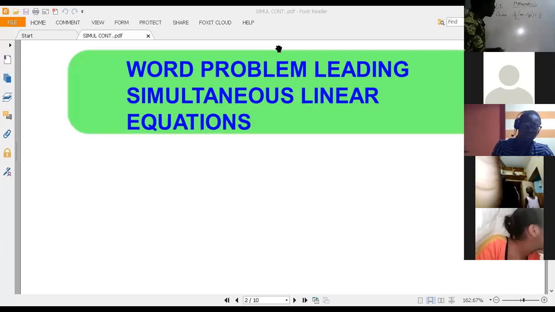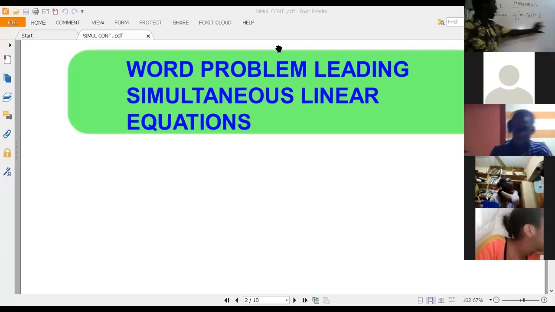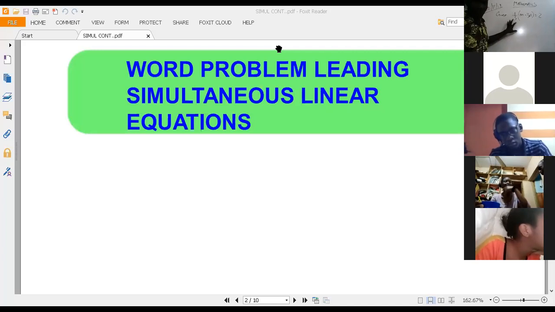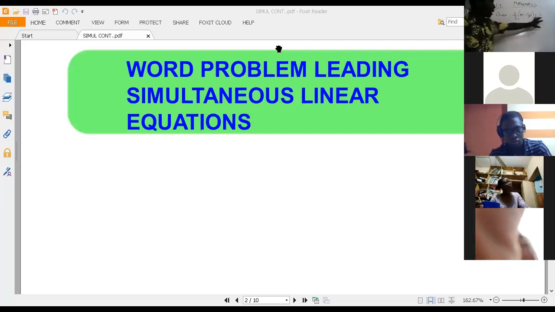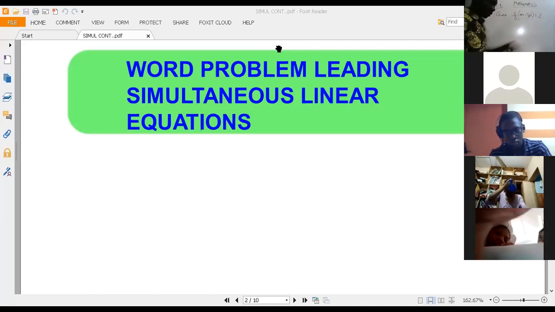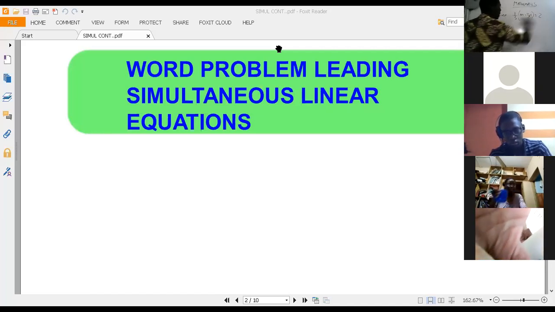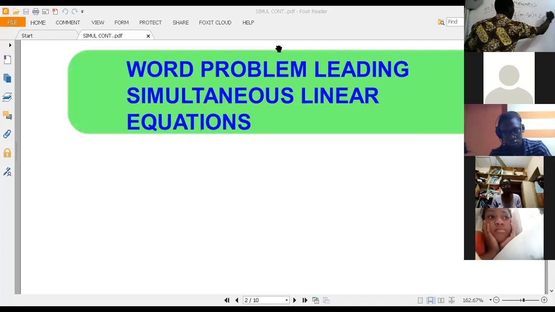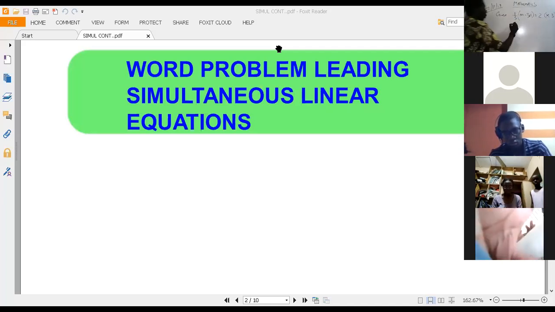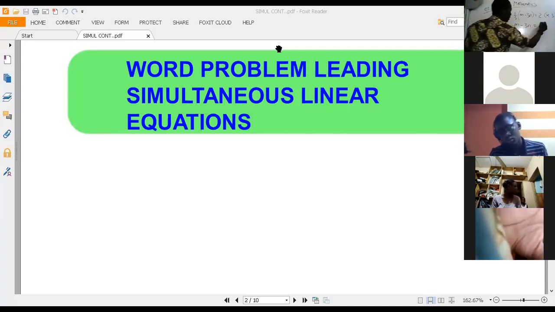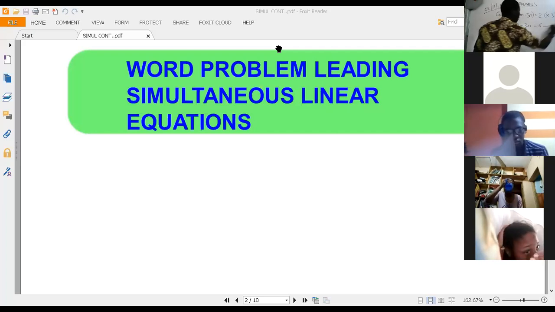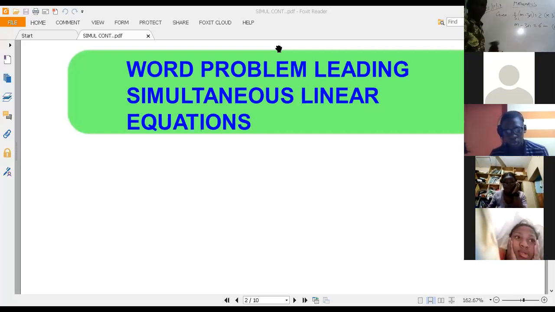To do that, let us multiply through by 3. The 3 on 3 will cancel out, then you have 2 multiplied by 3, which is 6. Most of you have done it, and this is just a correction. So when you multiply through by 3, you will have m minus 3n equals 6. We call this equation 1.